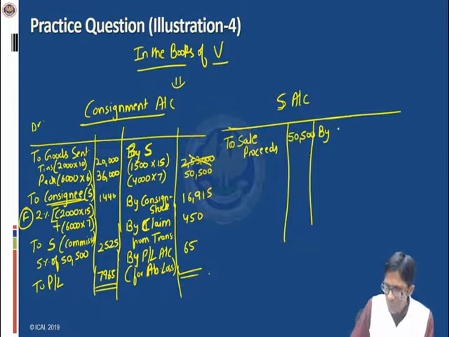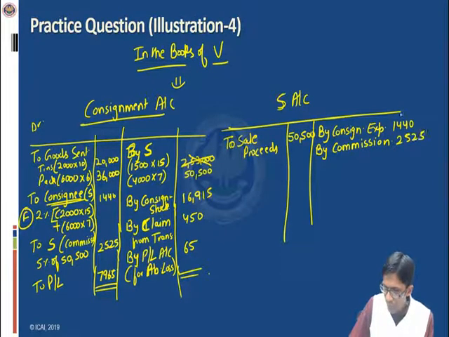Okay. What all have to be credited to it? The first thing that has to be credited are the consignment expenses that are borne by S. How much consignment expense has been borne by S? He has borne the freight, which amounts to rupees 1440. Next, we have to credit the S account by the commission that is to be received by S. How much is the commission? 2525.